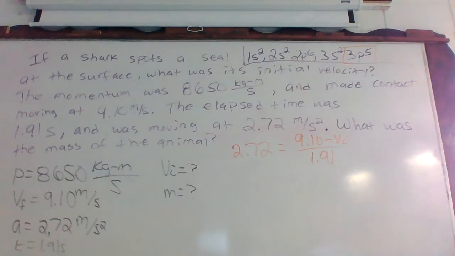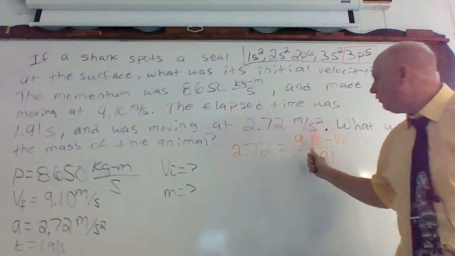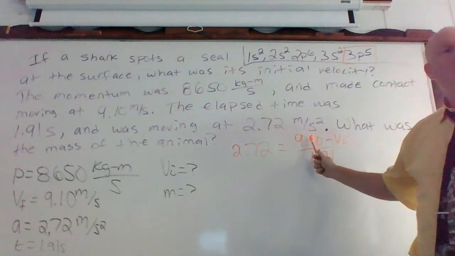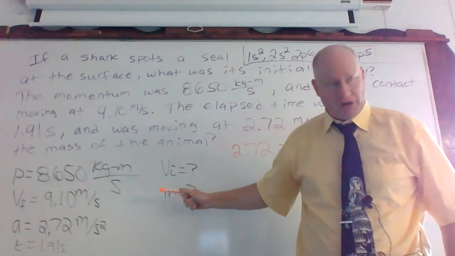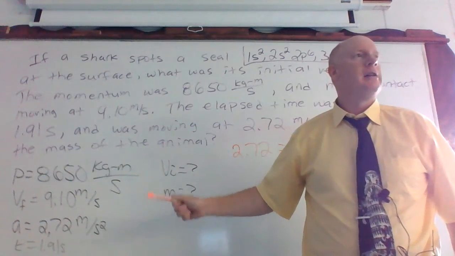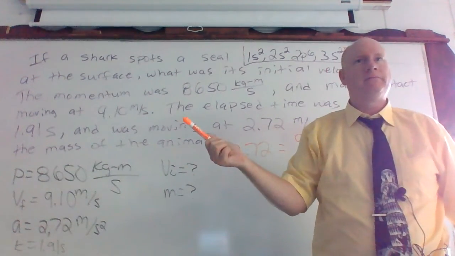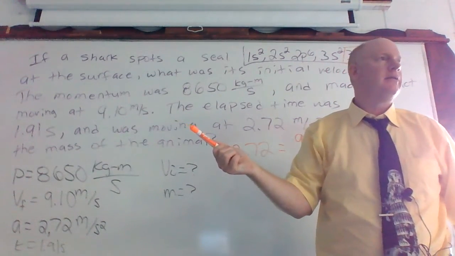Because what could happen on your exam is, what would happen if we didn't know the final velocity? Could we find that with this information that we know? Some of you are shaking your head, yes. Is that true? Yes, we could.